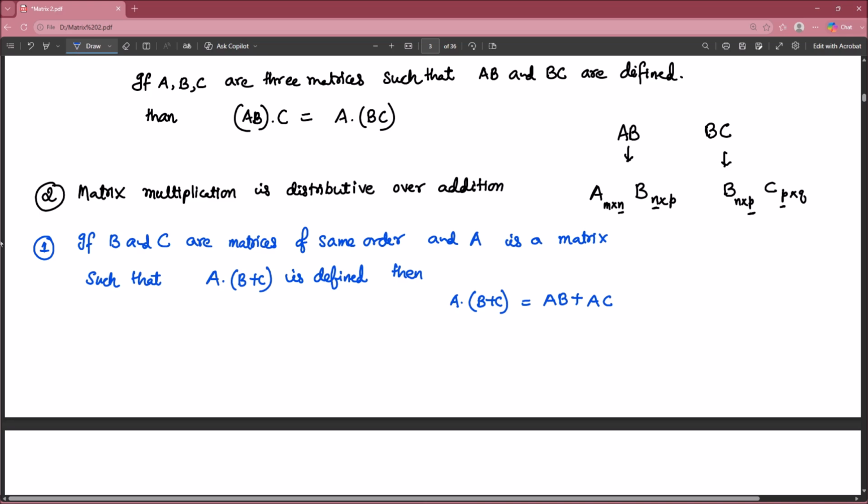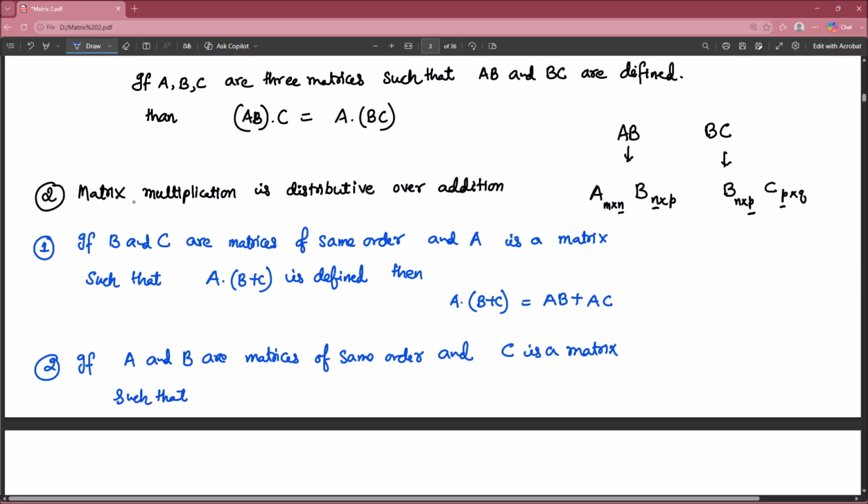In the same way, number 2, if A and B are matrices of the same order and C is a matrix such that A plus B into C is defined, then A plus B into C is equal to AC plus BC.